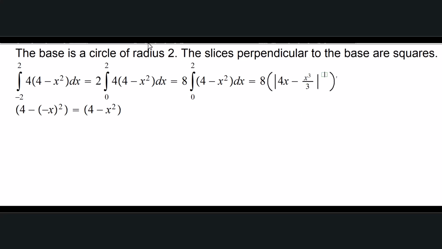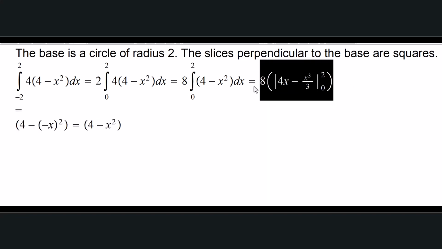So here we have 2, and on the bottom we have 0, and so the final value is how much?